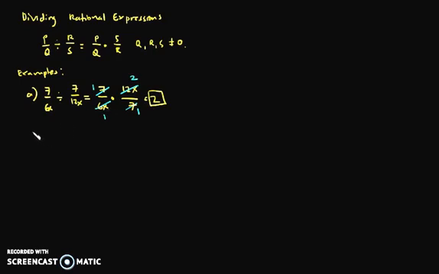Okay, another example. If we have a to the 5th over 4 divided by 4a squared, again we just get the reciprocal of the divisor and then multiply.